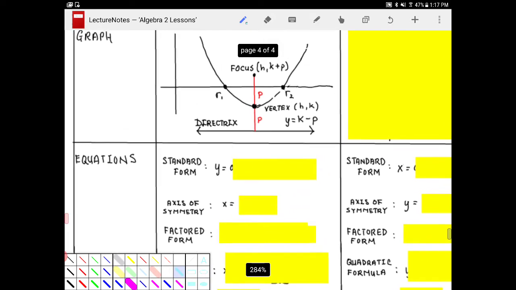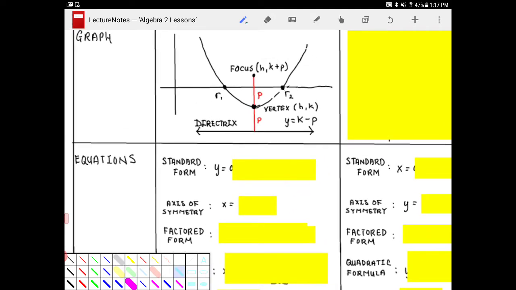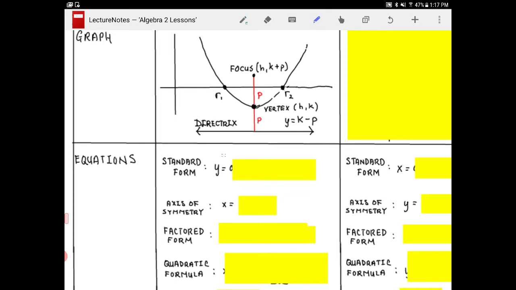We can describe all the points that are on the parabola, on this curve, by the equation written in standard form, and that is ax squared plus bx plus c.